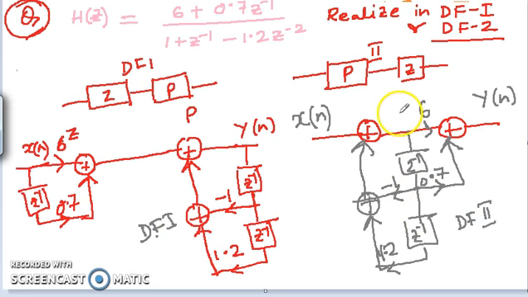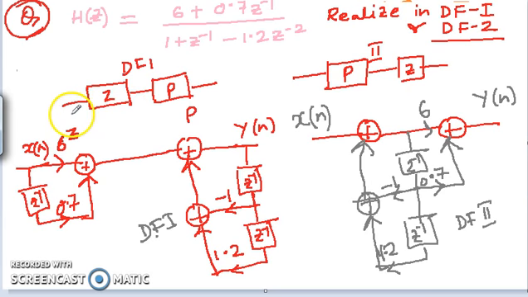So just remember the trick that two summers will appear. In direct form 1 the delay elements will be on the sides, and the sign change will appear for the coefficients of the poles but not the zeros.